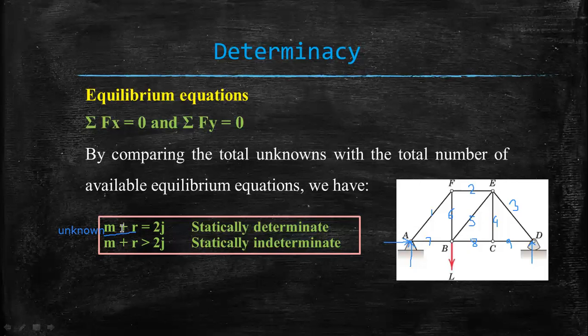So, as you can see, let's take one particular joint. If we take out joint A, there is one horizontal reaction and one vertical reaction.